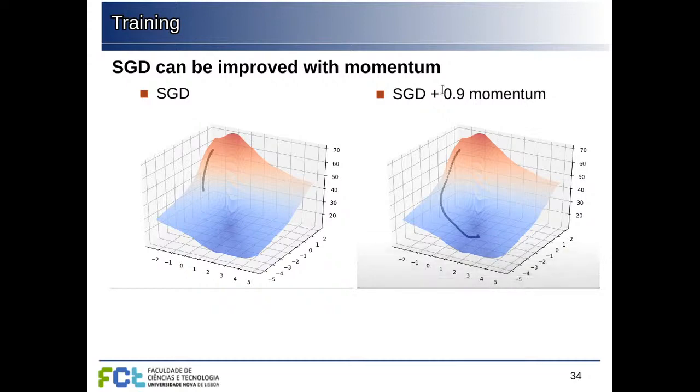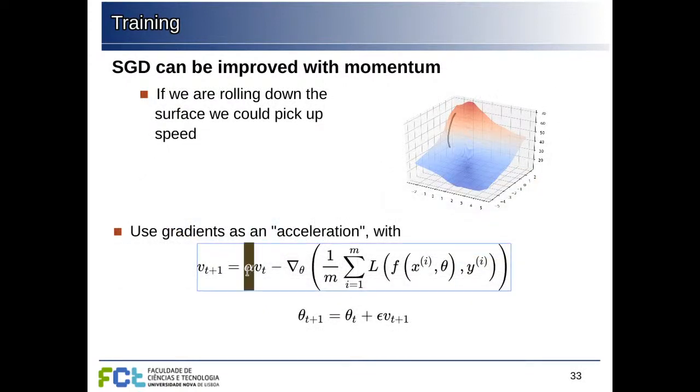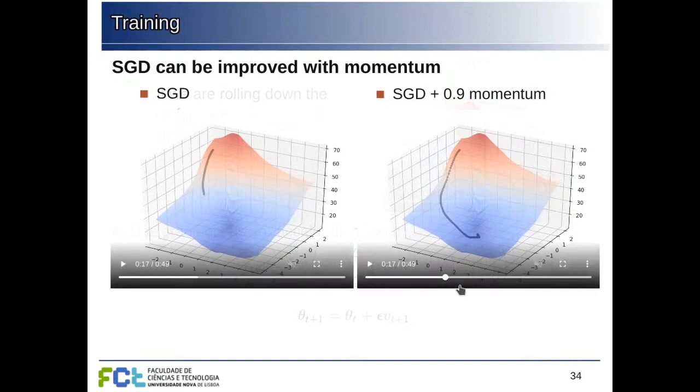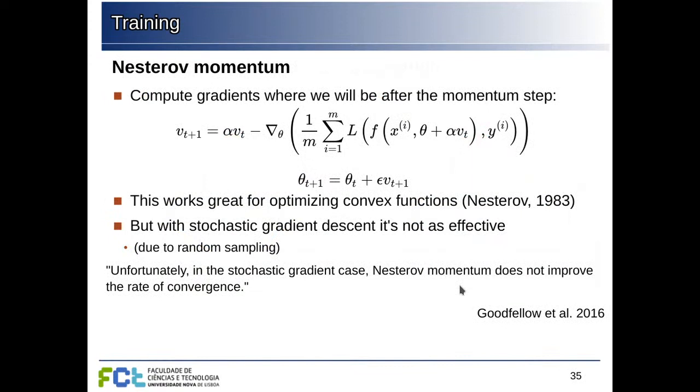So in this case, I use the momentum of 0.9. This is the fraction of the previous velocity I'm using, and then accelerating depending on the estimate of the gradient.